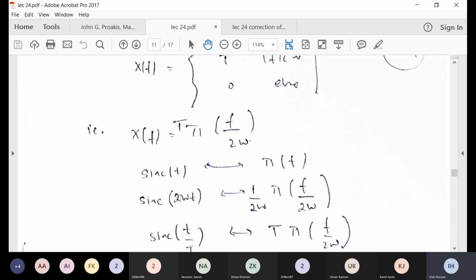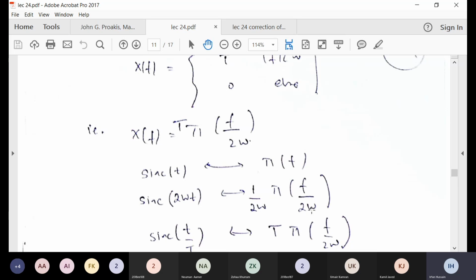So you can very well find the time domain signal, because we know that sinc Fourier is rect, and if in time domain it is multiplied by 2w, then it means that in the frequency domain its spectrum is scaled by 1 over 2w in magnitude, while in frequency it is scaled by 1 over 2w.